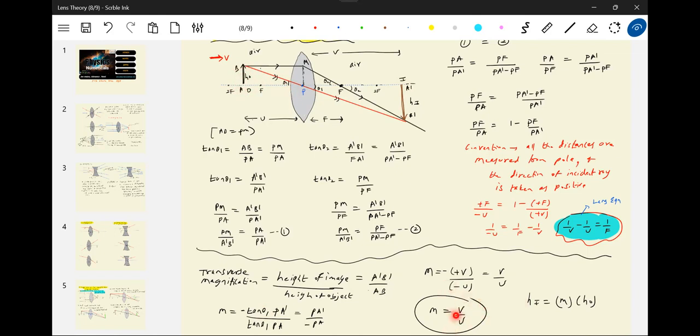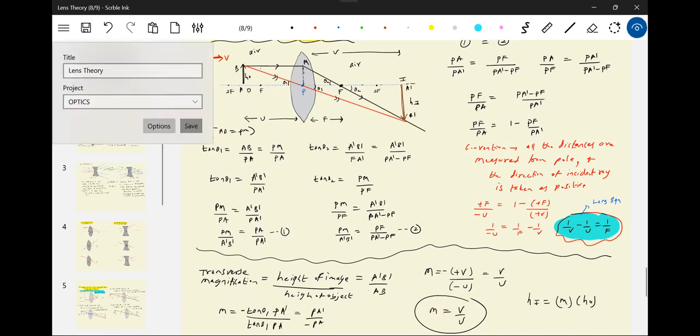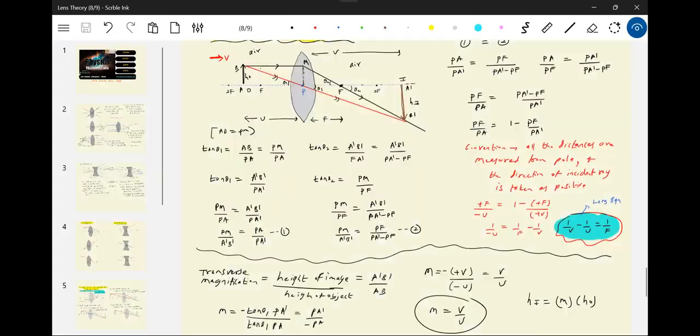So we have the expression for the transverse or linear magnification. Once you know the magnification, substitute M and HO with sign and you'll get the height of the image. You'll also get the nature of the image, whether it's inverted or erect. If M is negative, it is inverted; if M is positive, it is erect. M greater than 1 means magnified, M less than 1 means diminished. So we have formulas for the lens equation and the transverse magnification.